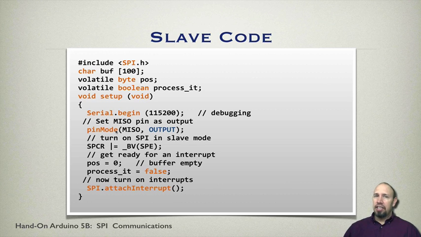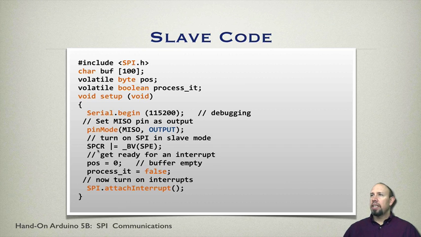Well, it doesn't do it for a slave, so we have to do things more manually for ourselves as a slave. The first thing we need to do is set the MISO as an output. We need to set the SPI into slave mode, and this is the command we need to do in order to set it as a slave mode.